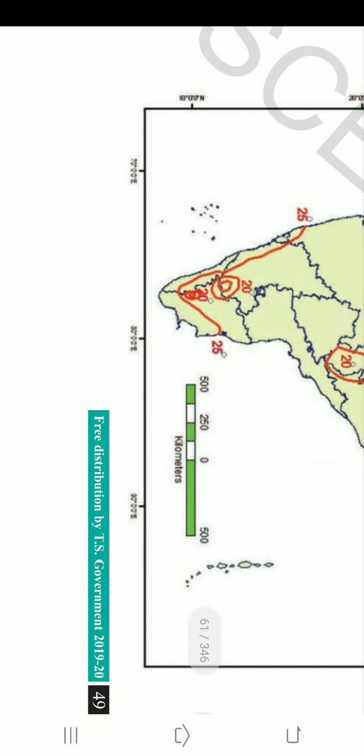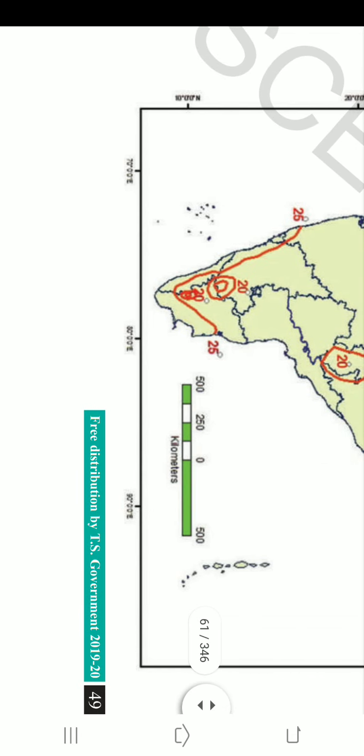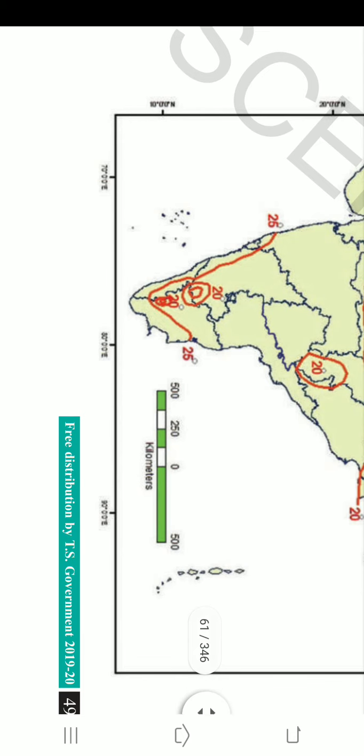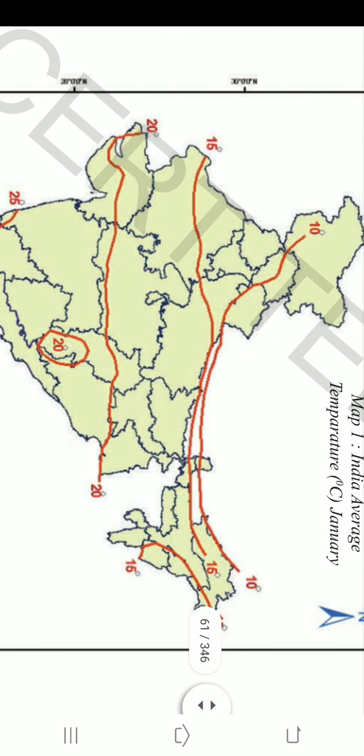My dear students, this is the Coromandel coast of Tamil Nadu. Here rainfall takes place as the clouds pick up moisture from the Bay of Bengal after crossing it.